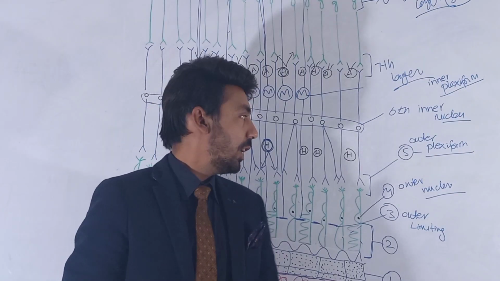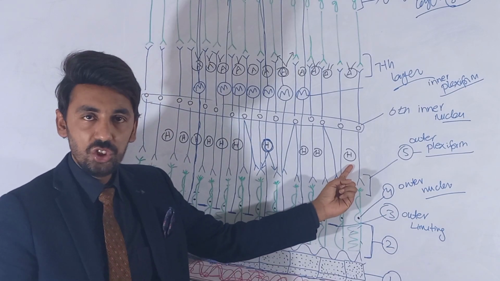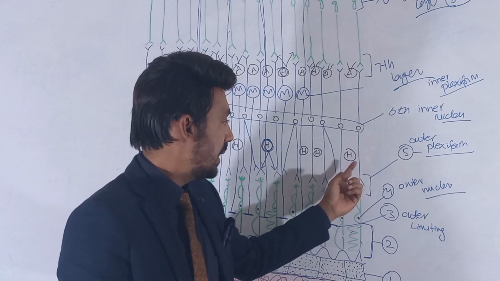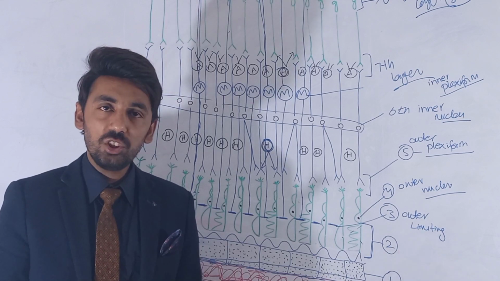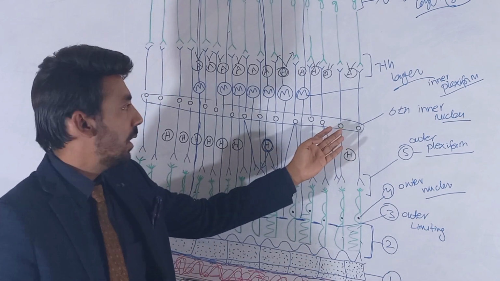And the neurotransmitter in the horizontal cells is GABA, gamma aminobutyric acid, which helps conduct the local or graded potential from one region to another.